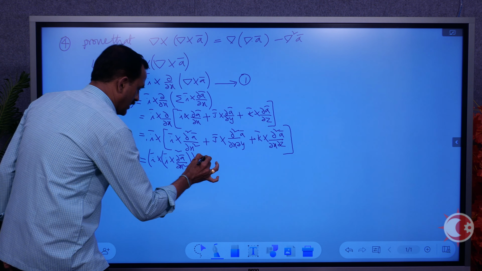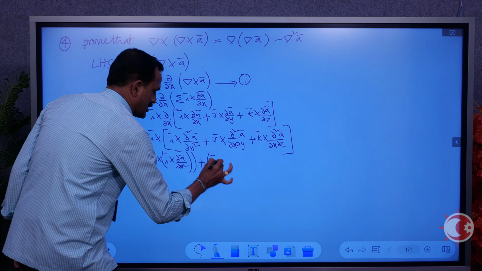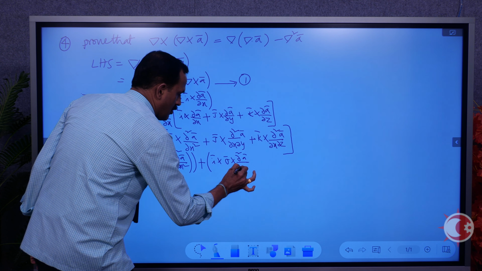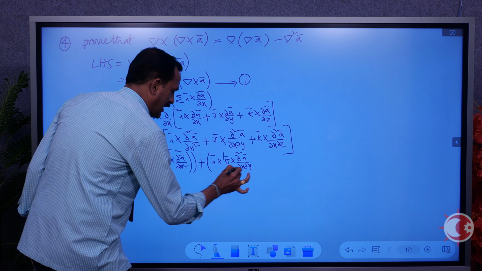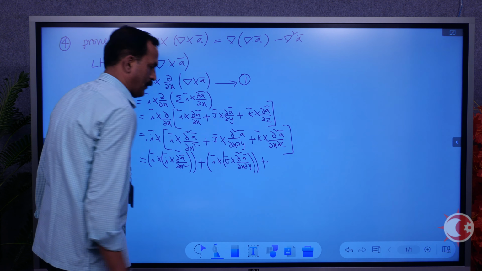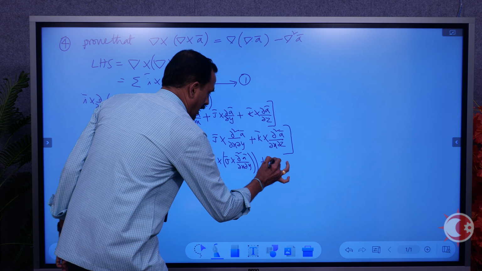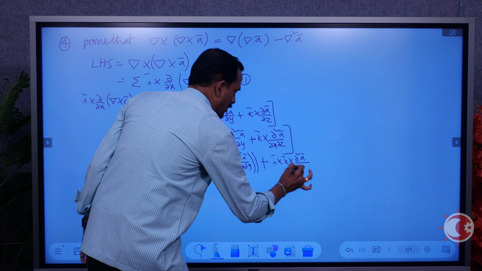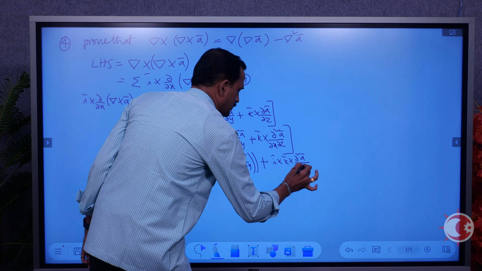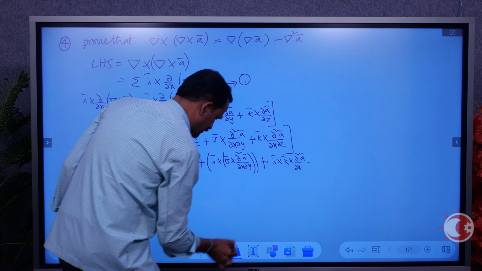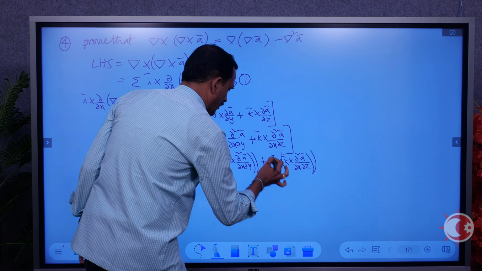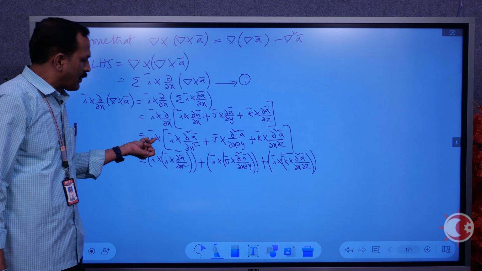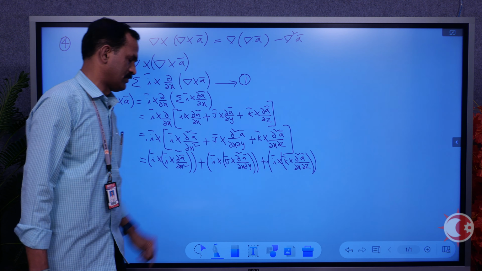Plus again I bar cross j bar cross dou square A bar by dou x dou y, maintain brackets for the second term, plus I bar cross k bar cross dou square A bar by dou x dou z, maintain bracket for this and for the entire one. So what we are doing here is just separating I bar cross to each term.